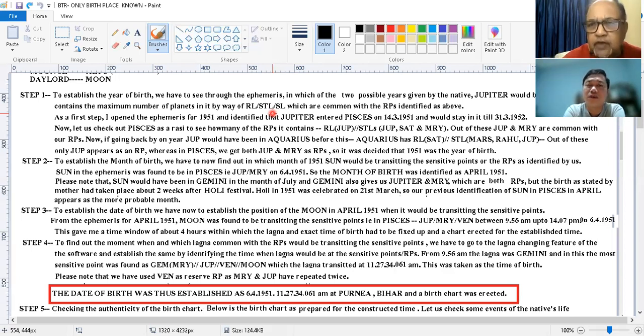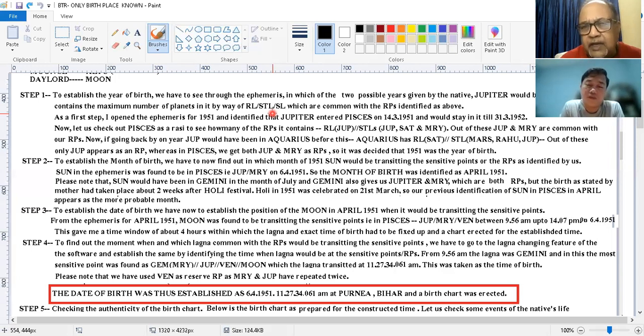In one given year, suppose there's a choice of two years, 1950 and 51. Suppose for half of 1950, Jupiter was in Aquarius, and then in 1951, it was in Pisces, after Aquarius. Now we have 1950 and 1951, and we have ruling planets on one side.